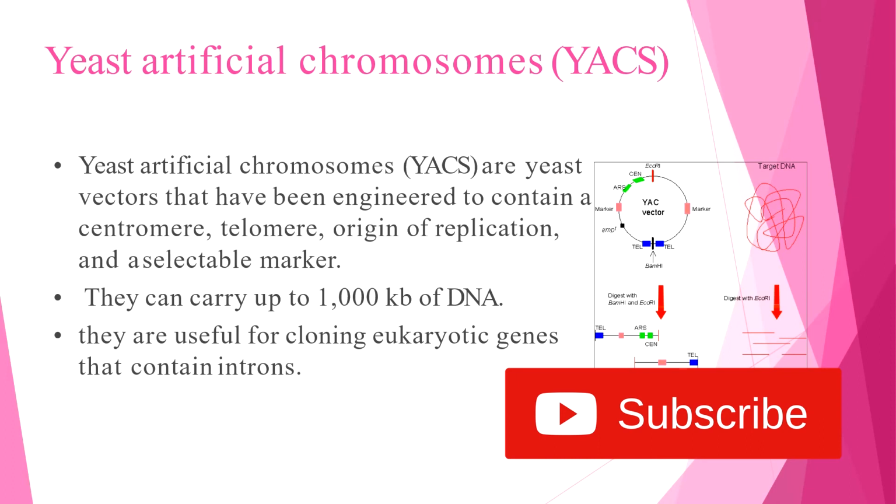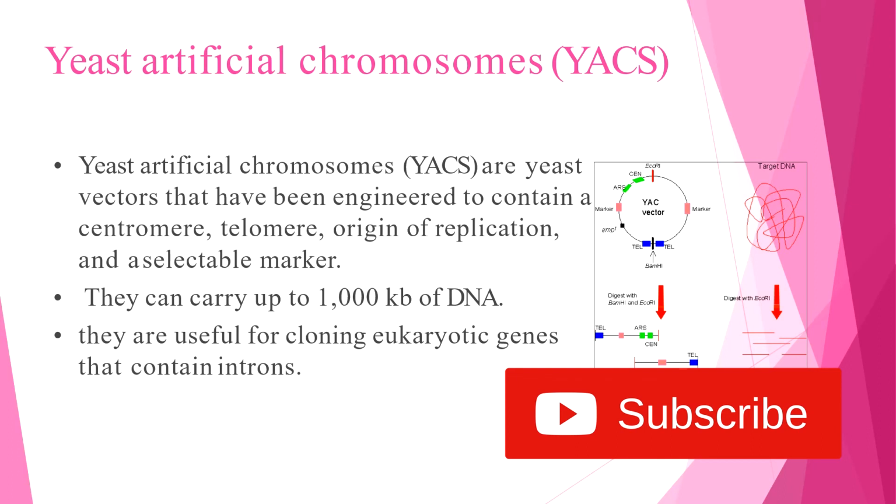Yeast artificial chromosomes, or YACs, are yeast vectors engineered to contain a centromere, telomere, origin of replication, and a selectable marker, which indicates that they are capable of expressing the foreign gene in themselves. So it is an expression vector. I hope you got the point.